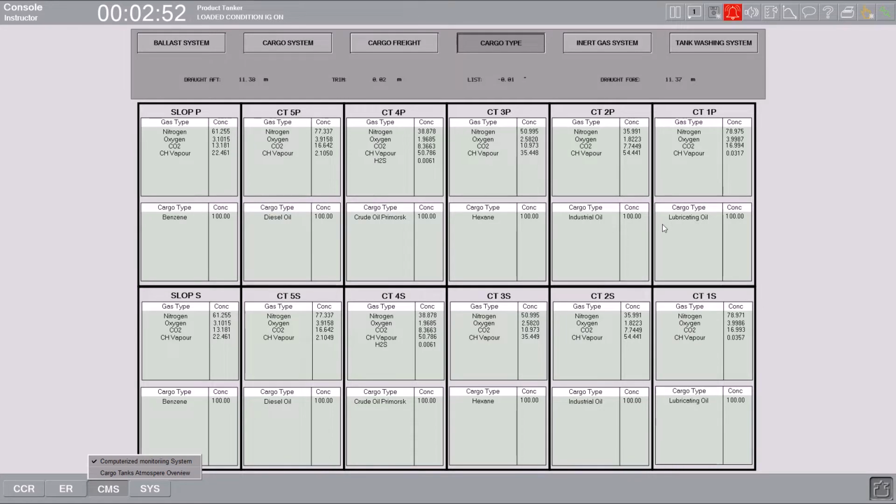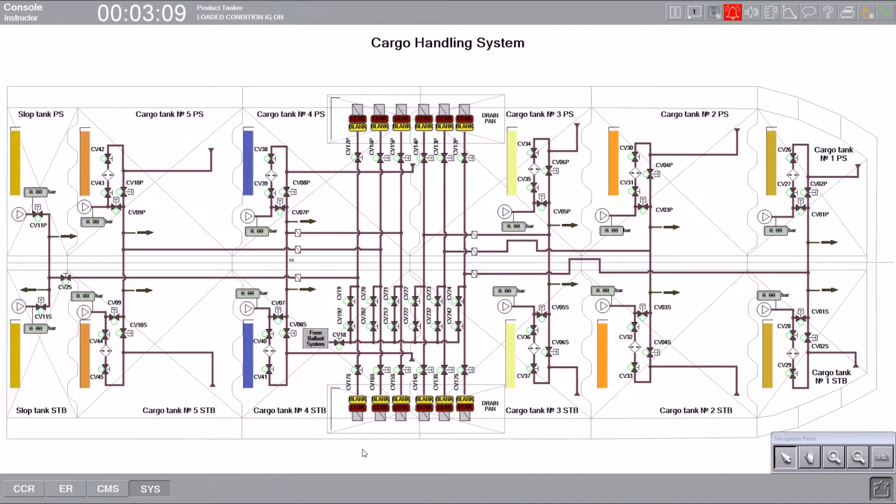We can go in the computerized monitoring system, check the cargo type in each tank, and we see that they are similar and equal to the wing tanks and different from one tank to another. Here we can see that the tanks between wings are not segregated by 2 crossing valves.